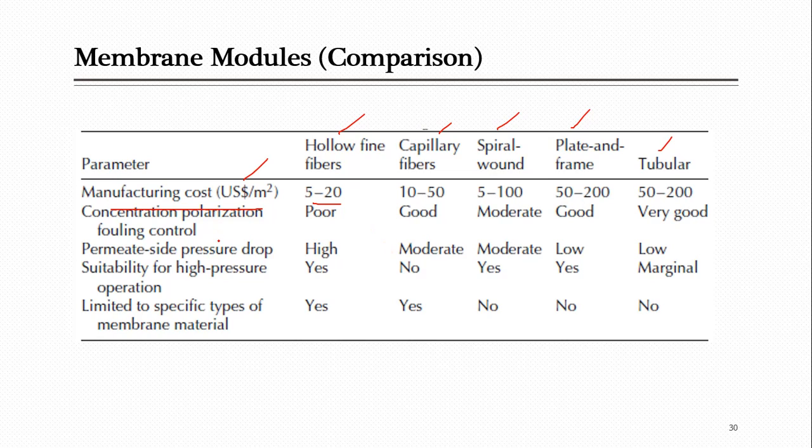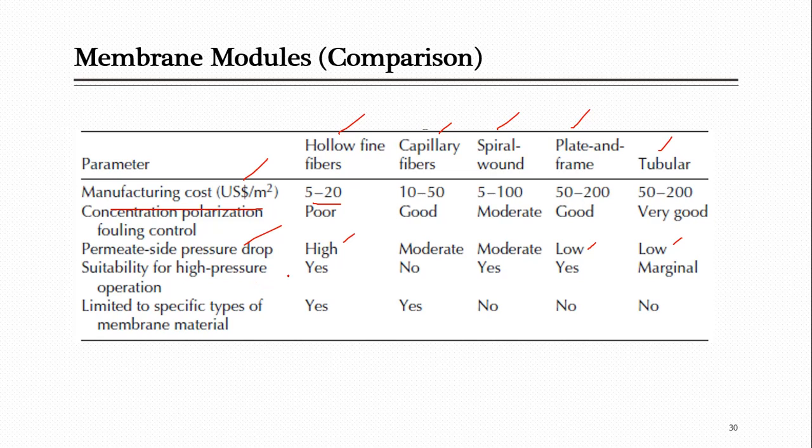Now the second point, the permeate side pressure drop. This is high in hollow fiber, moderate in the next two, and for the last two, plate and frame and tubular, it is a low pressure drop. These are the various parameters you have to look for when you select modules for industrial application.